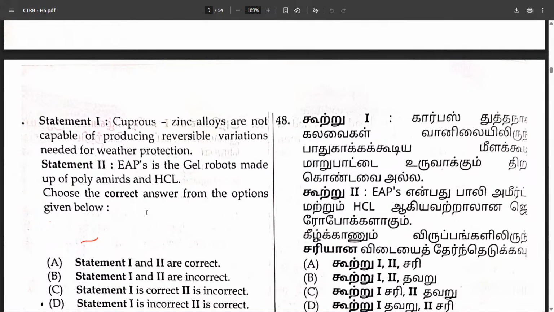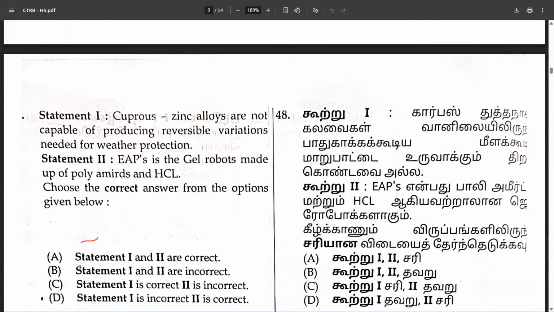Statement two is: EAPs are gel robots made up of polyamides and HCl. So here both the statements are incorrect. EAP is not a gel robot, and zinc alloys not being capable of producing reversible variation is also wrong. So both the statements are incorrect. B will be the correct answer.